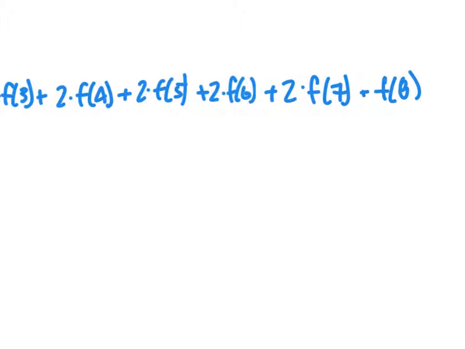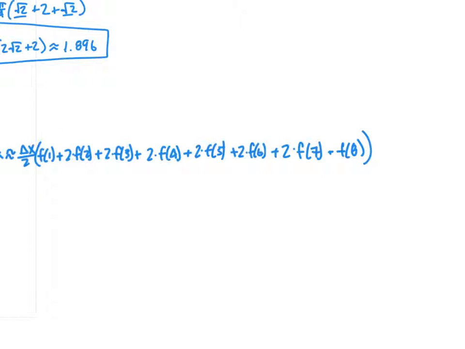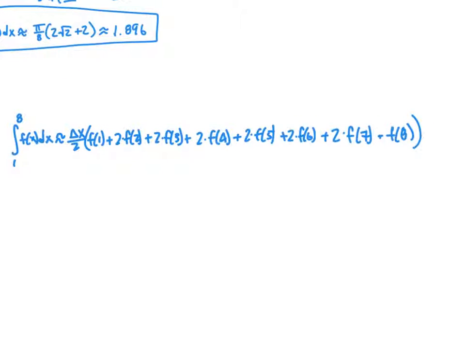So my last y value and my first y value are singles. Every other y value in here is being multiplied by 2, from our formula.